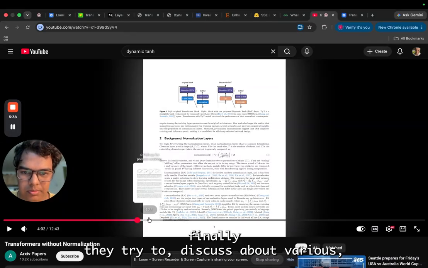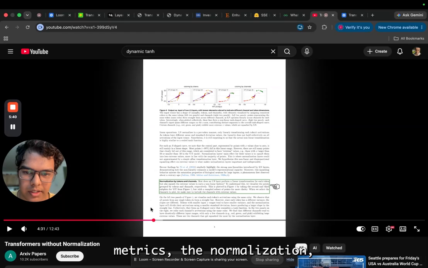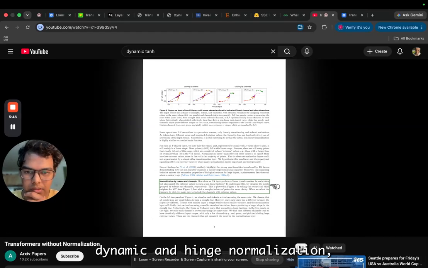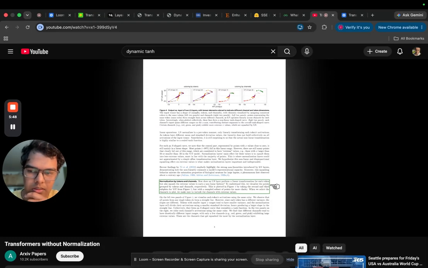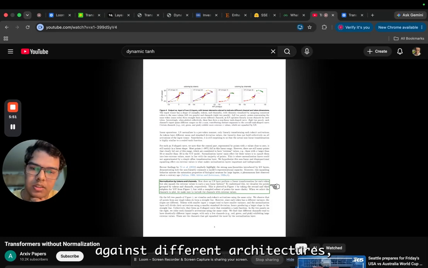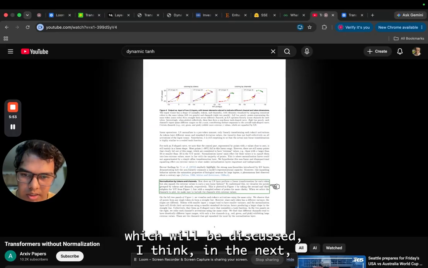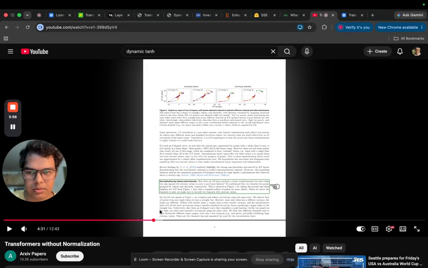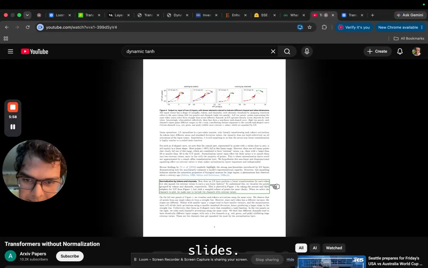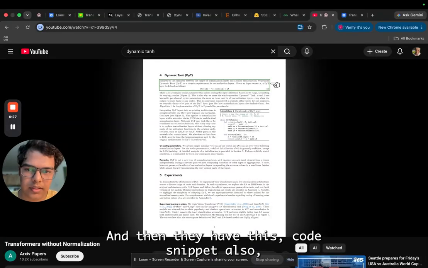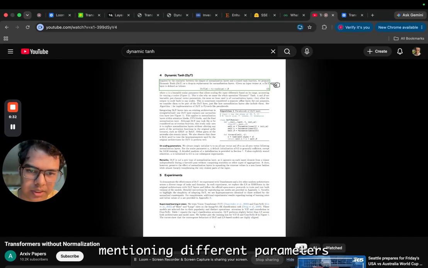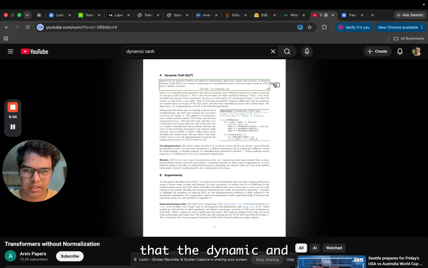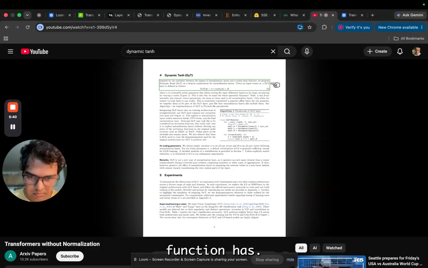Finally, they discuss various metrics for tanh normalization against different architectures, which will be discussed in the next slides. They also have this code snippet mentioning the different parameters that the dynamic tanh function has.